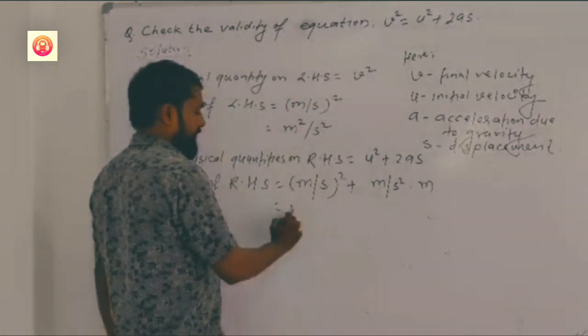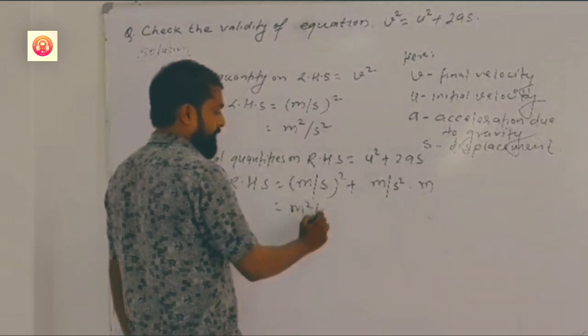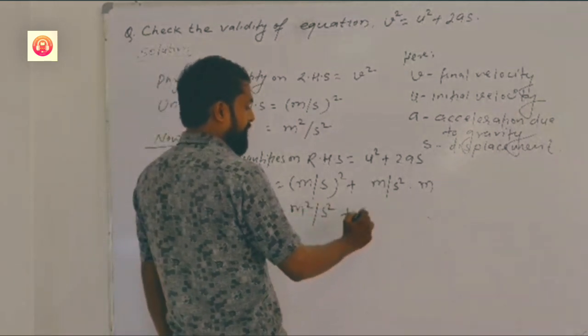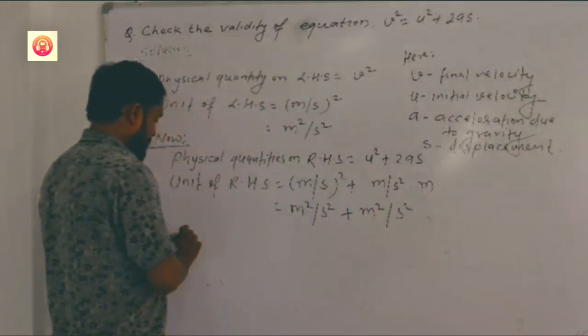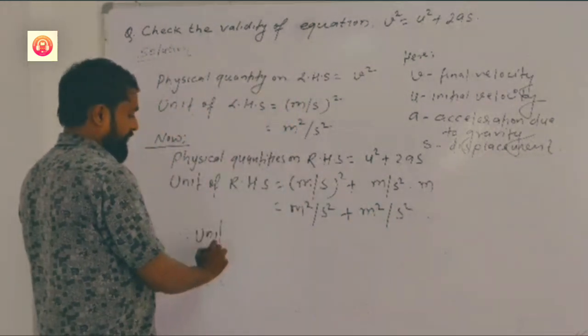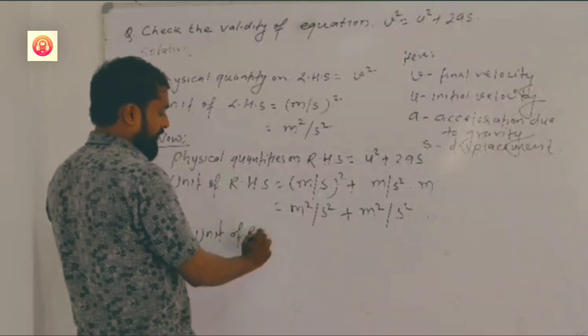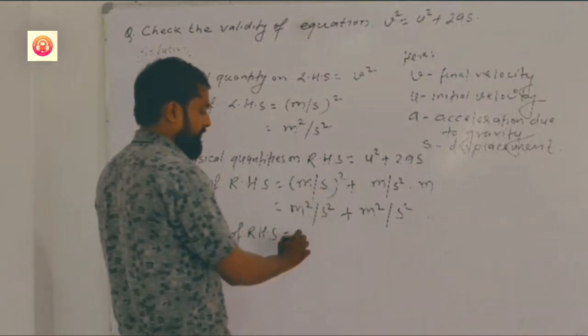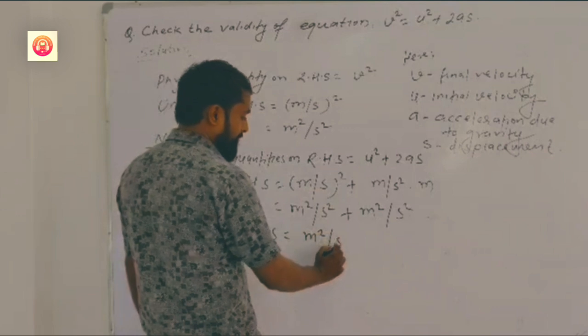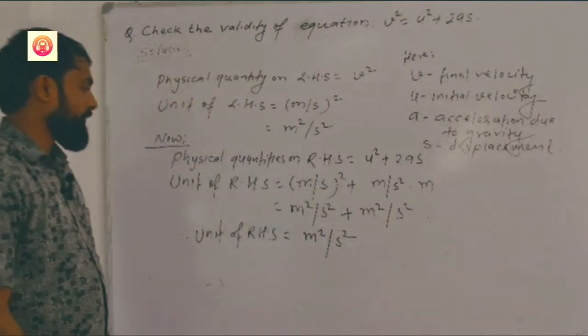So here we get meter square by second square plus meter square by second square. Therefore, when you add the same terms, unit of RHS becomes meter square by second square.